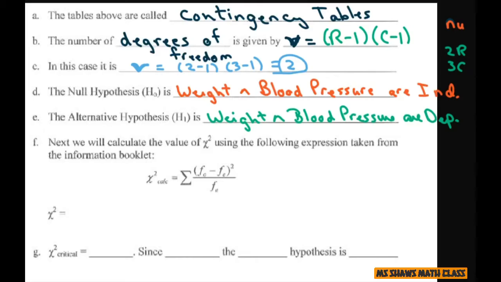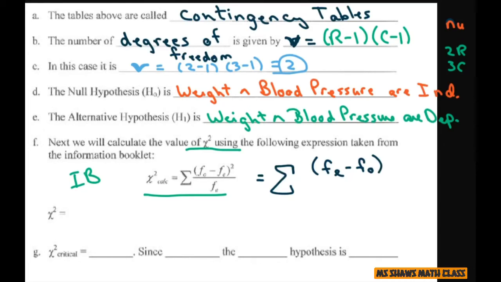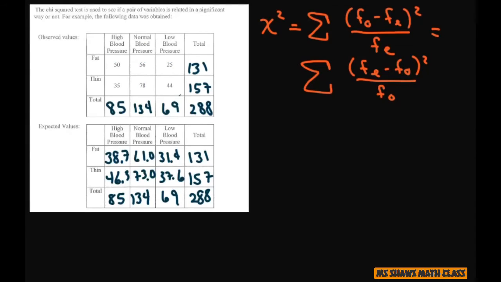All right. Now we're going to calculate the chi-squared with this from our IB information booklet. Also note that this can be written as the expected value minus the observed value squared divided by the observed value. It makes it easier to use for the calculator. So here's our information. I'm going to go ahead and use this formula because it's easier.